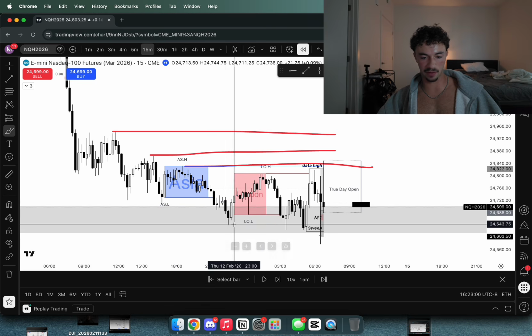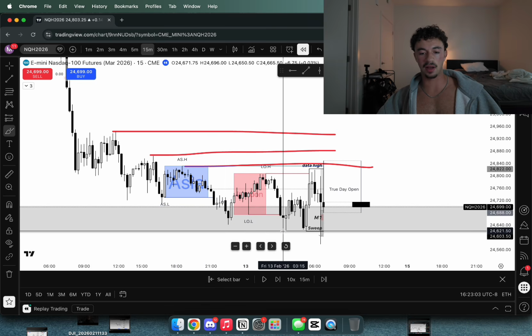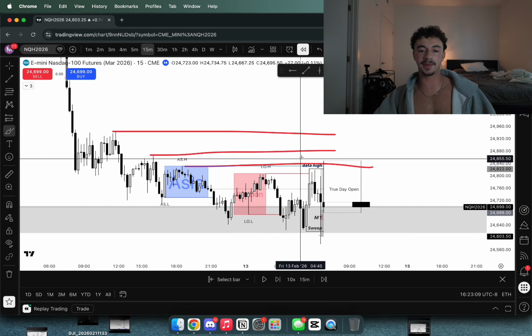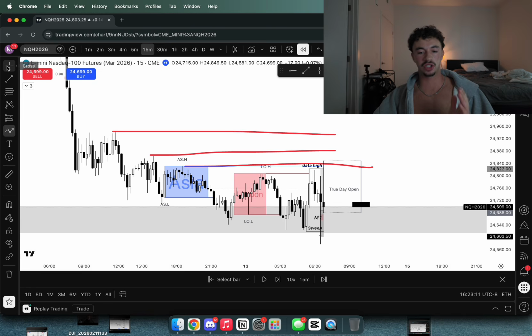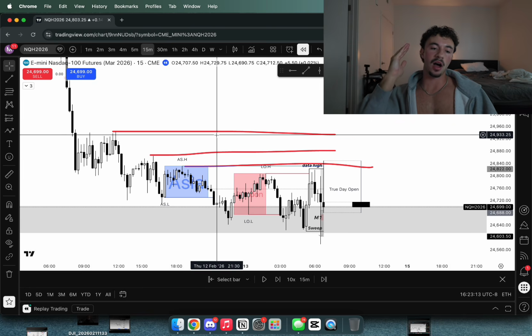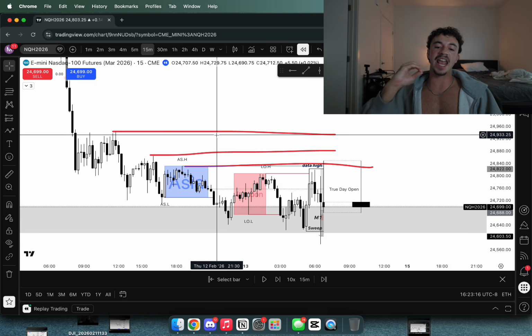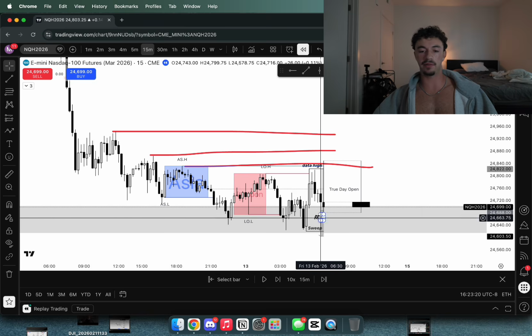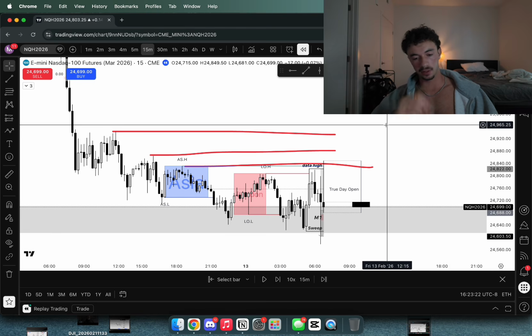Everything to the downside is getting swept out. Nothing to the upside is getting swept, showcasing we have no manipulation to the upside and all the manipulation to the downside. All right? So from this point, we want to see price go higher.